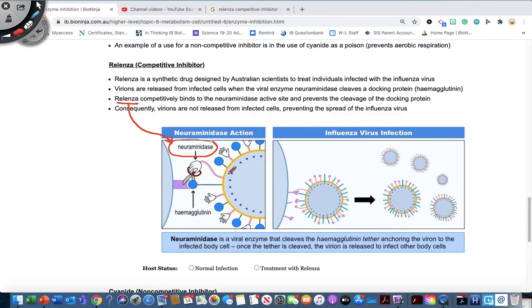Therefore, the virus can't dock onto the infected cell, and the other viruses inside the infected cell can't be released. Therefore, you can no longer spread the influenza virus. So in this case, this competitive inhibitor, this medicine, is acting positively. All right, moving on then.